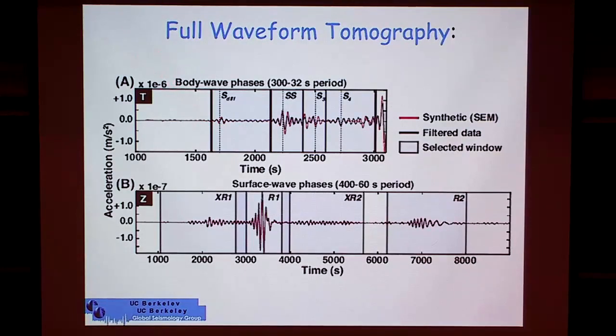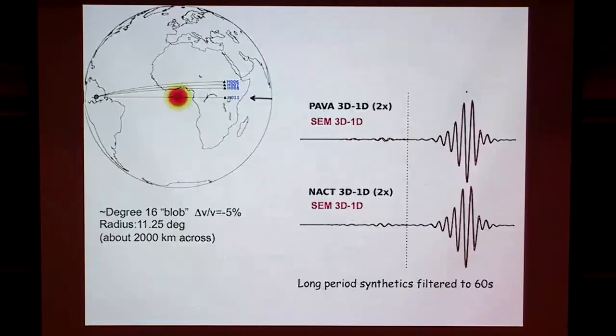So you already have to be close enough, within half a wavelength, to be able to make sense of a comparison between observed and synthetic. So you have to build it up slowly. At first you reject most of the data, and as your model becomes more and more 3D, you can include more and more data.